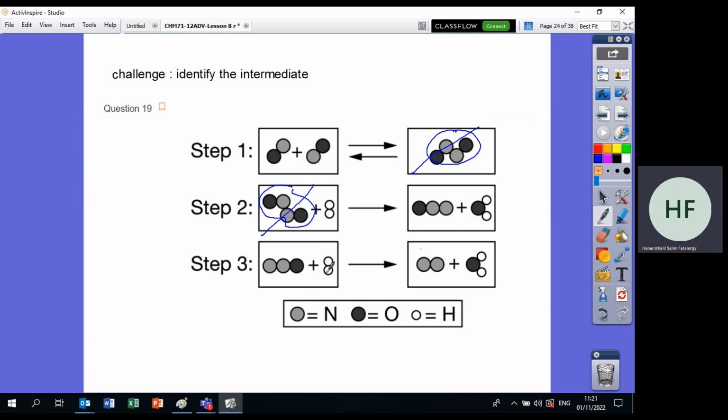This one and this one cannot be cancelled because they are both on the reactant side. This one and this one will be cancelled because they are reactant and product. Same for this one and this one, they cannot be cancelled because both of them are products. So the intermediates are this one and this one, 2 blacks, 2 grays, and 2 grays, 1 black.